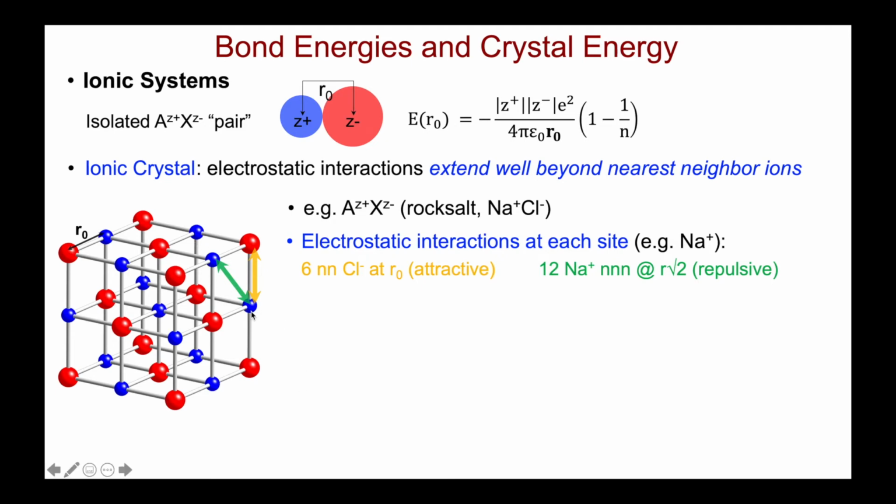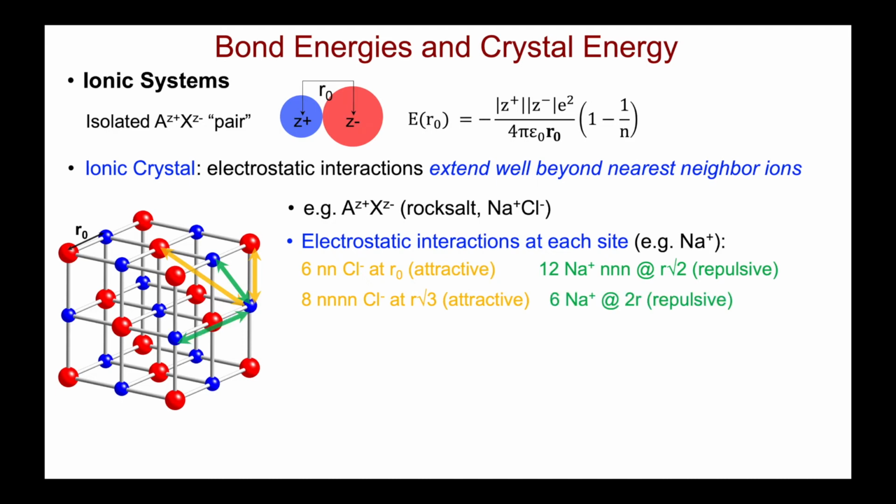So at this stage we have 6 attractive at R0, and then 12 repulsive at R0 times root 2. Well, we go out a little further to R0 times root 3, and we'll find now there are 8 next nearest neighbor chlorine anions, and those 8 will have attractive interactions with that sodium cation.